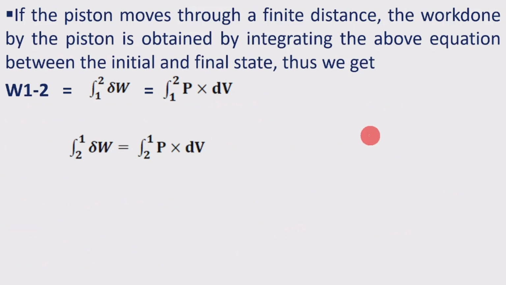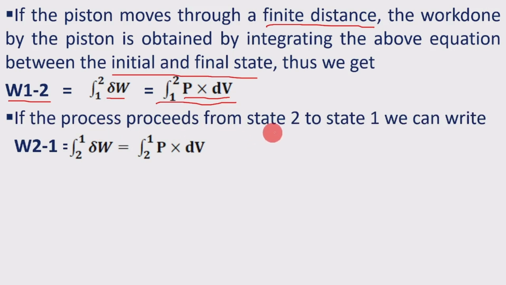If the piston is moving through a finite distance, rather than the small distance we have taken here, the work done by the piston is obtained by integrating the above equation between the initial and final state. Thus we get W1-2 equal to the integration from 1 to 2 of dW or delta W, and that is equal to the integration from 1 to 2 of PdV, and this is the actual work for the change of state of the process.